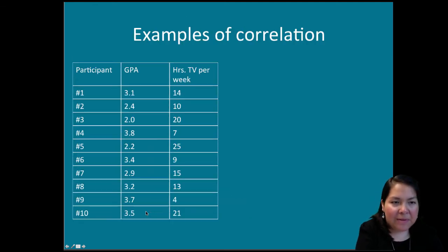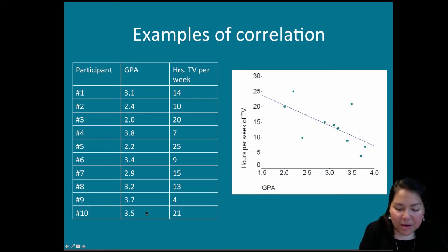So here we have examples of correlations, and this is an example of a strong negative correlation. As we can see, here are our variables, and we have 10 participants within this small study. GPA is what we want to measure, and hours of TV per week would be our independent variable, and GPA again would be our dependent variable.